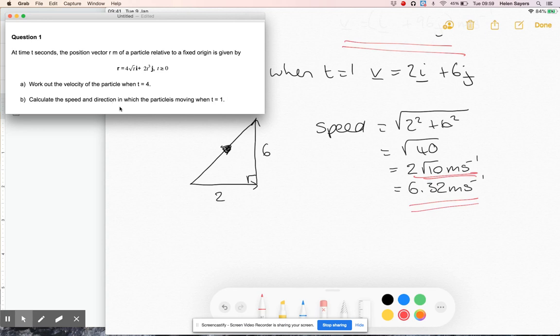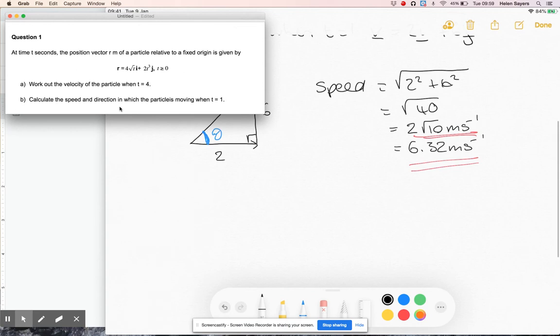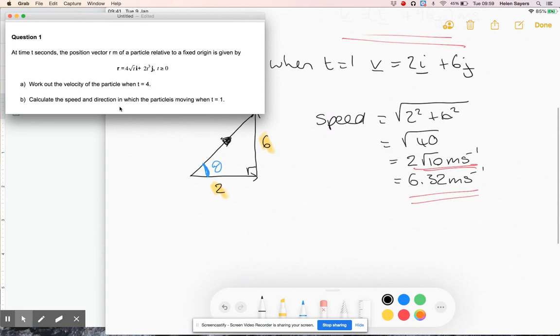So they also want the direction. Well, seeing as I've sketched it out, that's quite easy to see. So the direction we're just going to give as an angle. Sometimes it might specify a bearing, but not for this question. So how can I work out that angle theta? Well, that's just really simple trig, isn't it? I've got the opposite and the adjacent sides. So it will just be tan theta is opposite over adjacent.